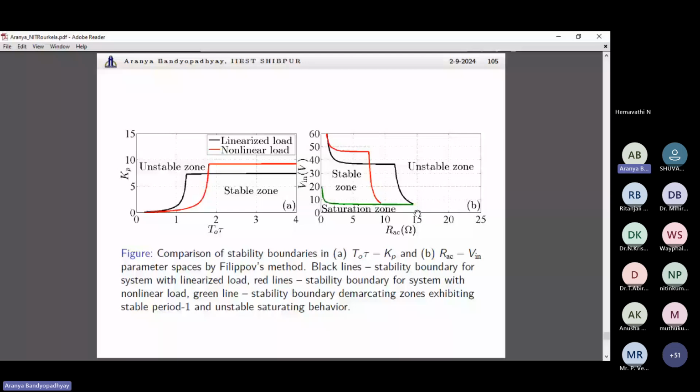Okay, it has not been plotted by any averaged linear method. What are we seeing? We are seeing that in the nonlinear model also, the same thing that we had seen in the table: it is causing earlier onset of Hopf bifurcation but delayed onset of period doubling bifurcation. Isn't it interesting?